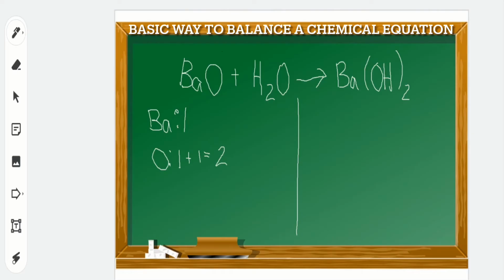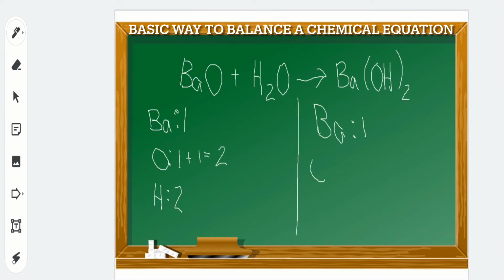And of course, we have hydrogen. And as you can see here, we have 2 hydrogen. So, ito yung ating number of atoms dito sa ating reactant side. Now, let's proceed dito sa ating product side. Okay, so same also, lista natin for our barium, meron tayong isa.